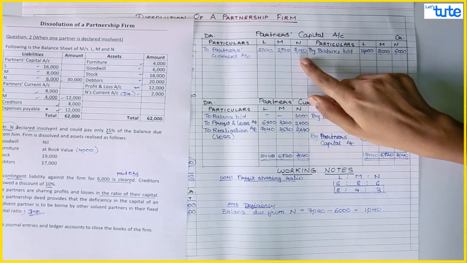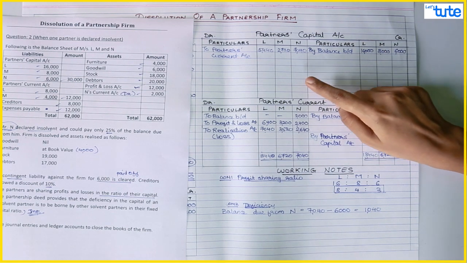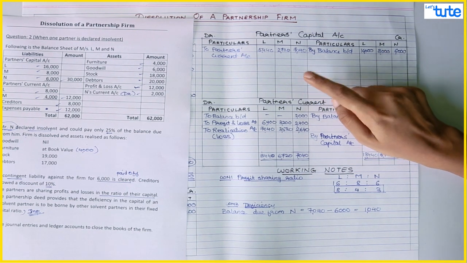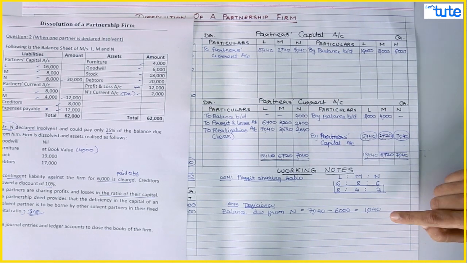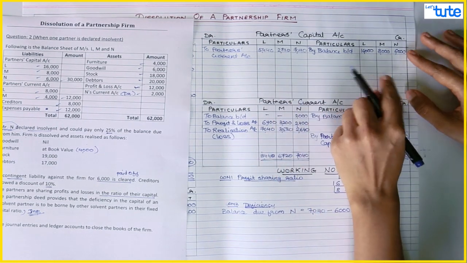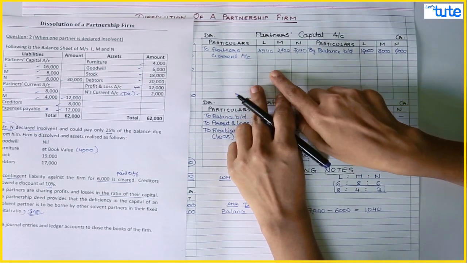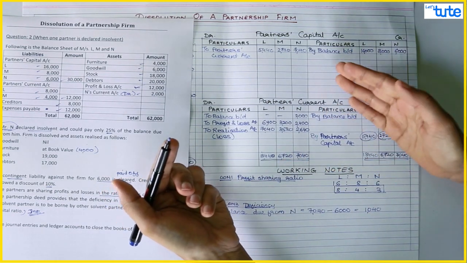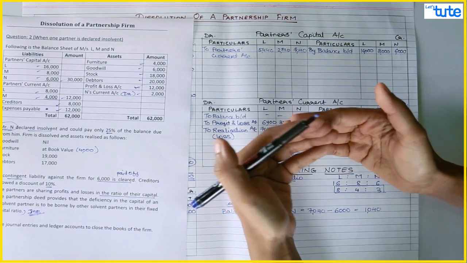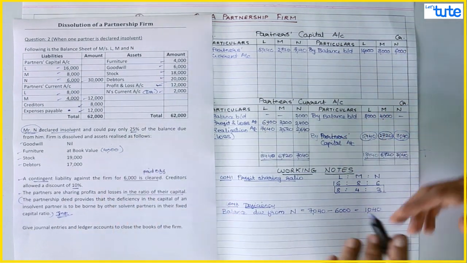Why it is due? Because over here your debit balance is more than your credit balance. So it is the debit balance in partner N account. So we need to receive 1040 from partner N. In case of L and M, if you see in both the cases, your credit balance is more than your debit. So that is amount payable to partners. But if it is your debit balance, that amount is receivable from the partner. But he could pay only 25% of the balance due.